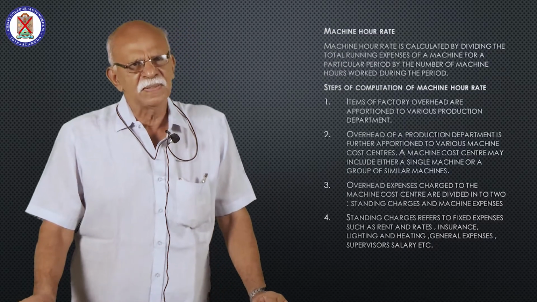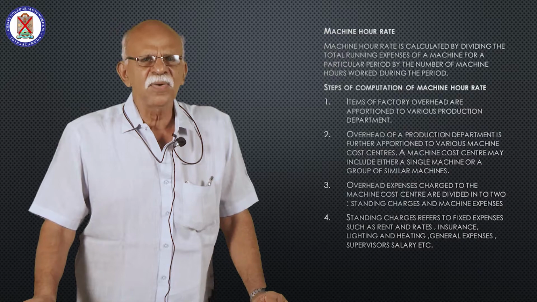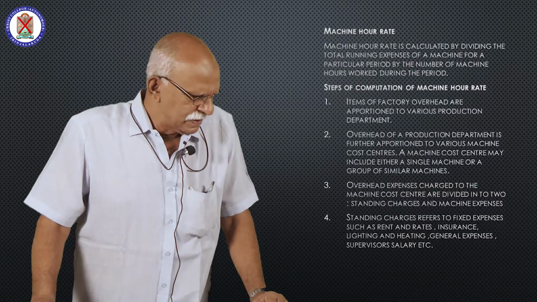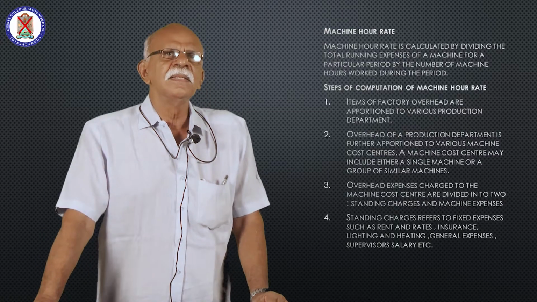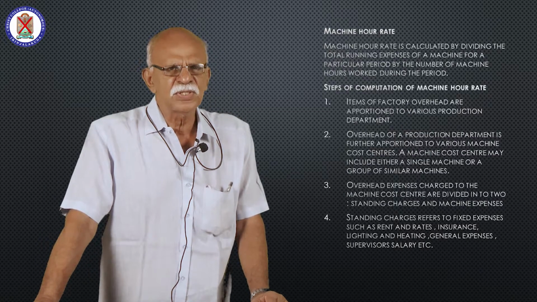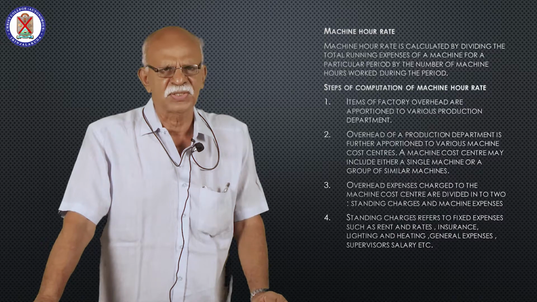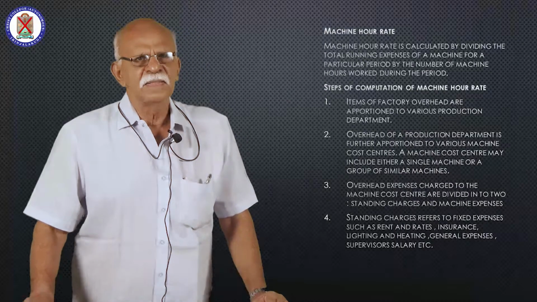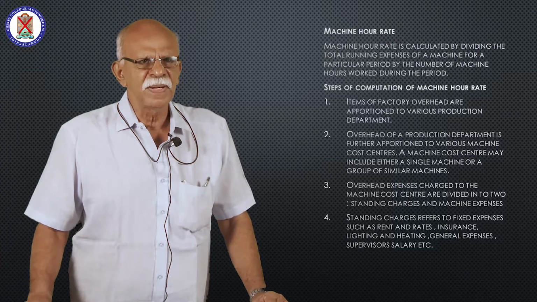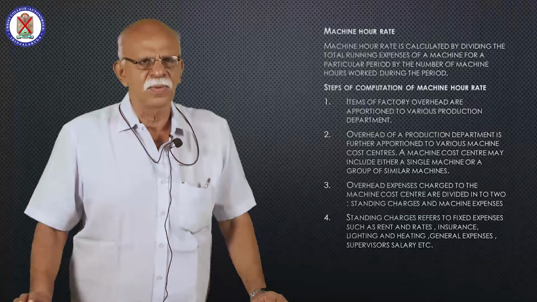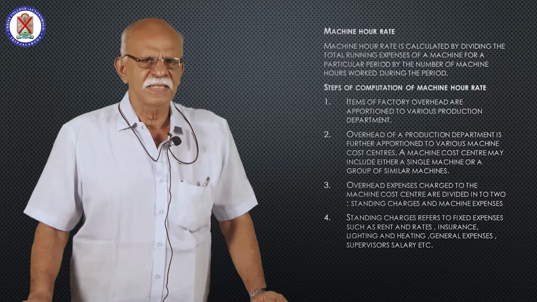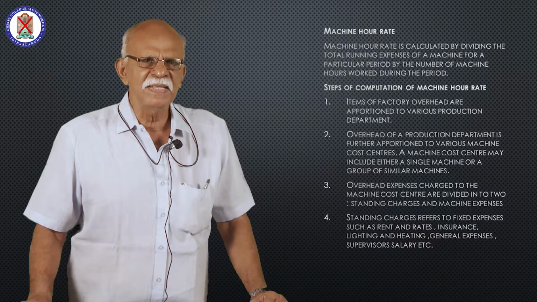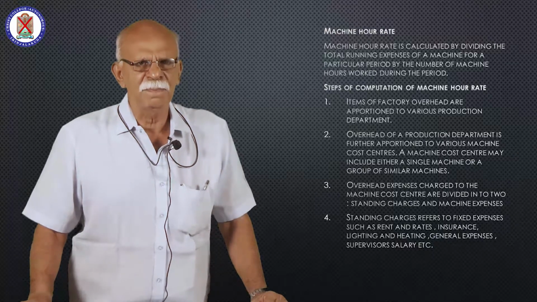What is machine hour rate? It is the cost of running the machine for 1 hour. This is the most important method used for absorption of factory overheads. This method is used where machines play a very important role in the factory, that is, work is done mainly with the help of machines and not with manual labor.